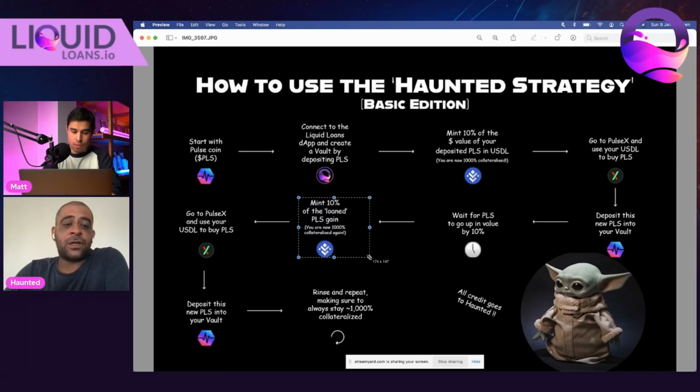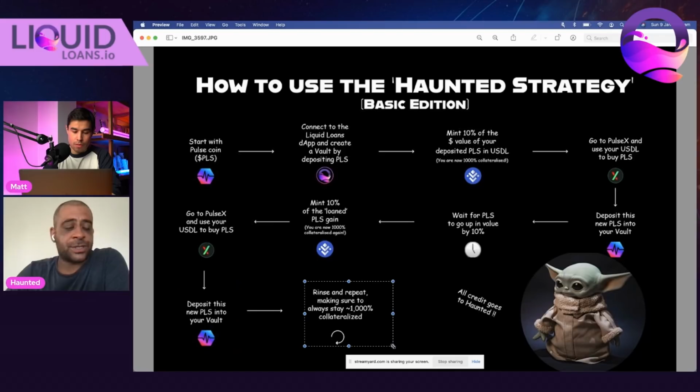mint 10% of your loan gains. So not another 10% loan. What you're doing is just bringing your collateral ratio back down to 1,000% and doing the whole process again. So go back to PulseX, buy some Pulse, deposit that Pulse into your vault, and then simply rinse and repeat.